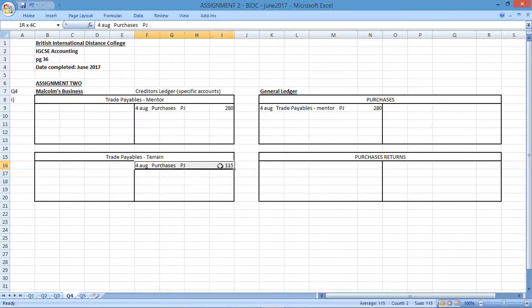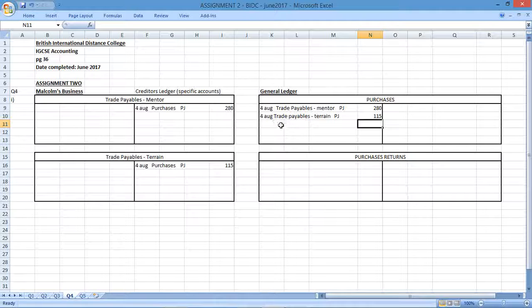On the 4th of August, purchases journal, I would show an amount of 115.